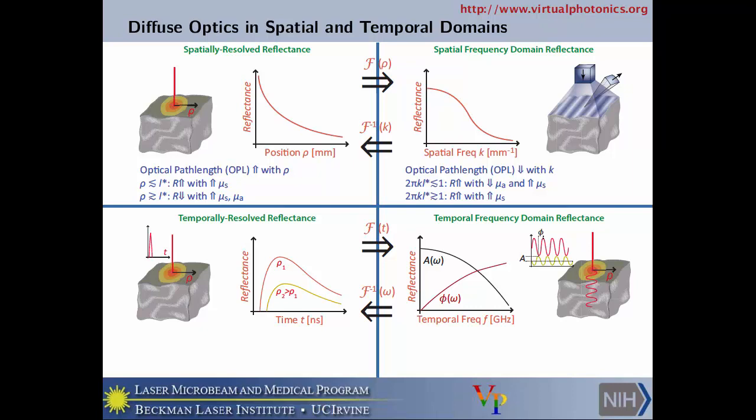Generally, as you move away from the source, as you increase your source detector separation rho, the photons that you're capturing have traveled an increased optical path length, and it's not simply the linear distance, but it's convolved with the number of scattering events and the scattering path length that the photons have traveled before escaping. So generally, you're going to have increased optical path length with increasing source detector separation.